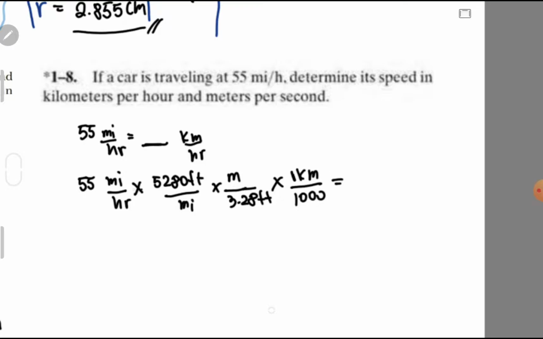Canceling like terms, it is just equal to 1.